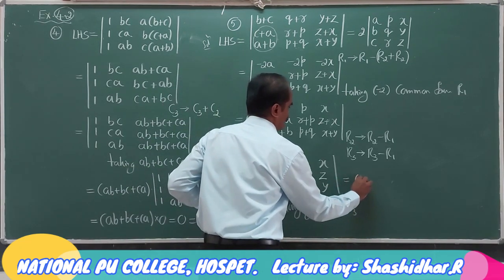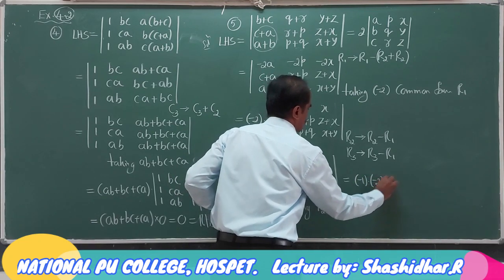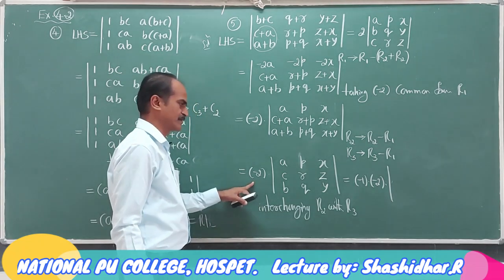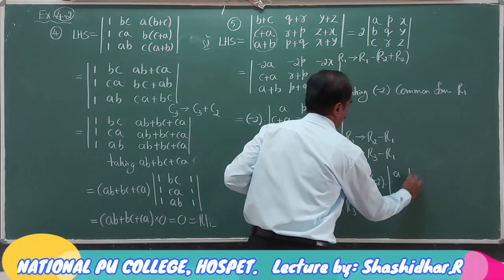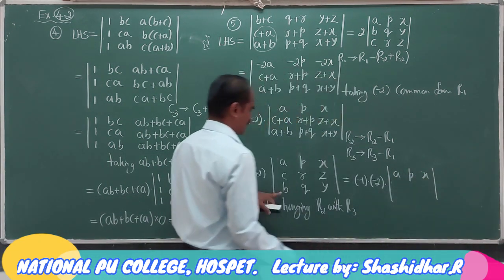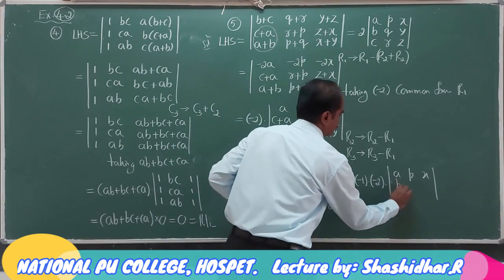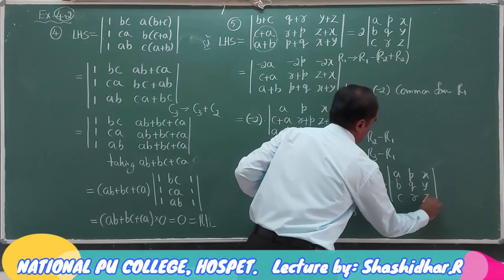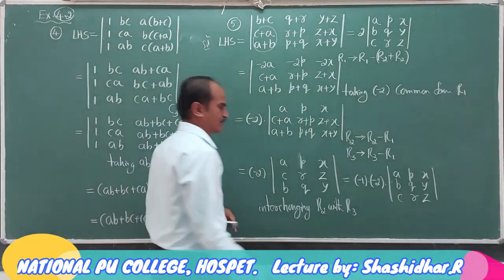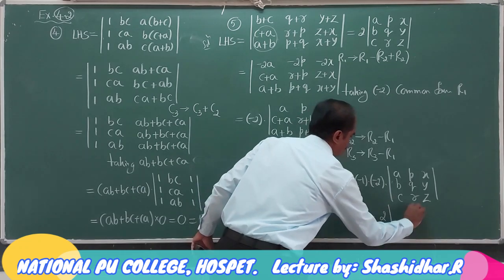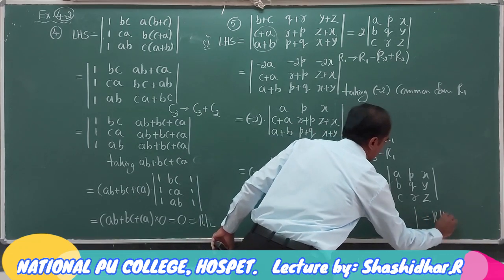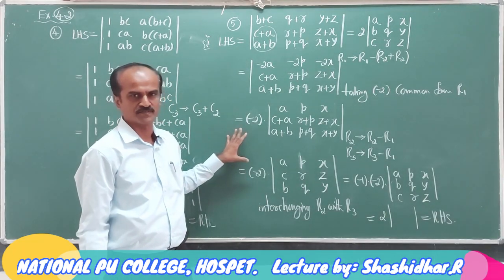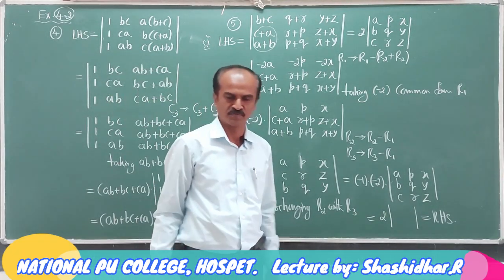That is equal to minus 1 times minus 2, because I had to change the sign, minus 1 times minus 2 into first row A, P, X. Now second row I write B, Q, Y. Third row I write C, R, Z. Now this is equal to what? 2 times the determinant. Hence the result. That completes the example. I hope you followed this. Now we'll take some more questions.